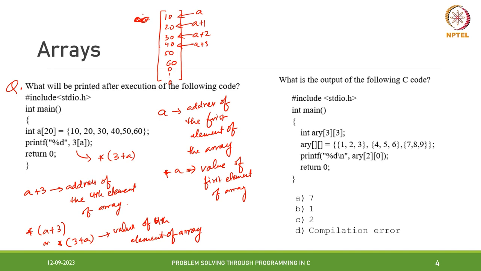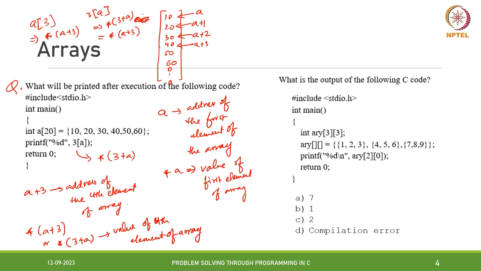So even if you write it as A of 3, it will be considered as star of A plus 3. If you write it as 3 of A, it will be considered as star of 3 plus A, which is the same as star of A plus 3.